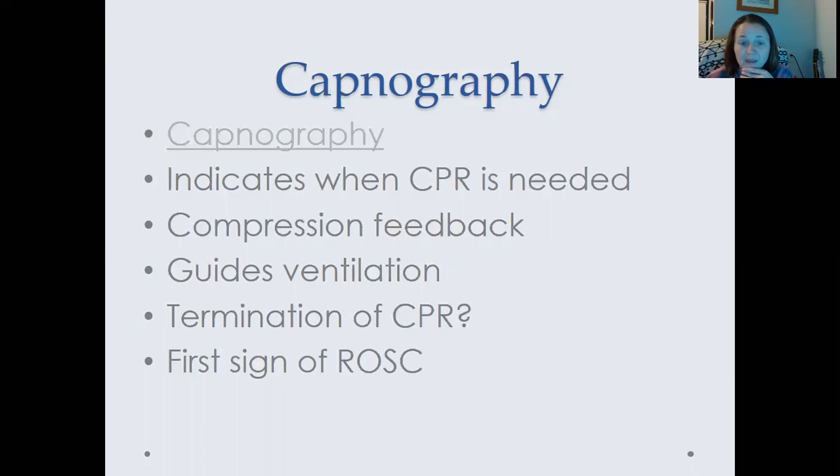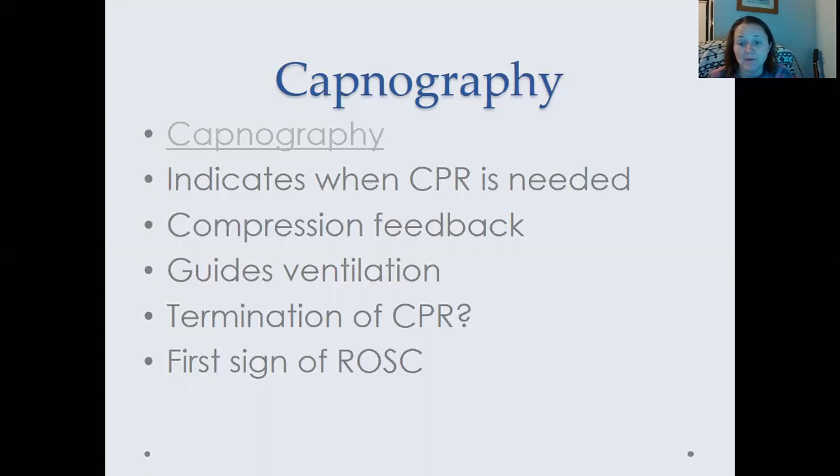For one thing, it will indicate to us that we may need CPR. If we've got a very low CO2 rate, then that's going to indicate to us that they've become pulseless.